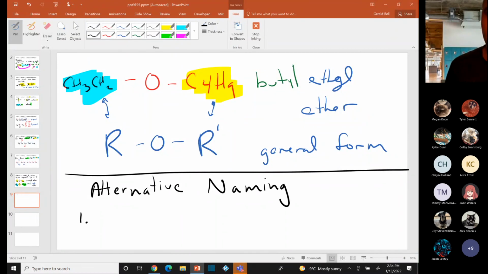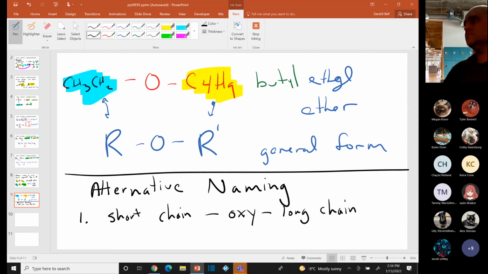So what happens with this one is you look at the molecule given and you put the short name first. So short chain goes first. Then the word oxy for oxygen, and then the long chain. So short chain, the word oxy, long chain.